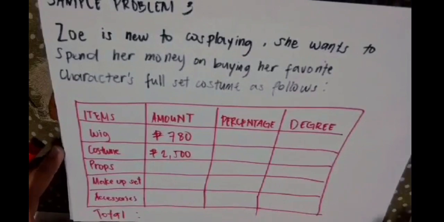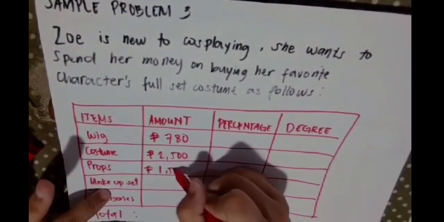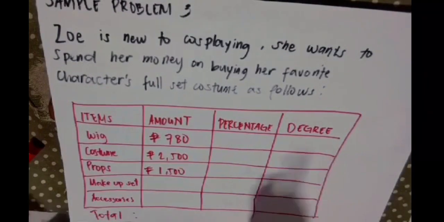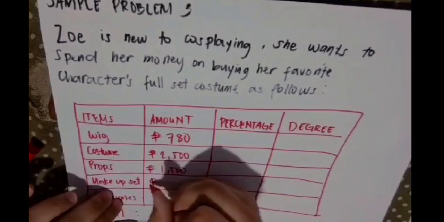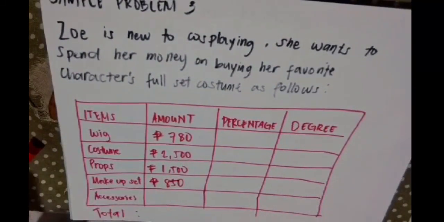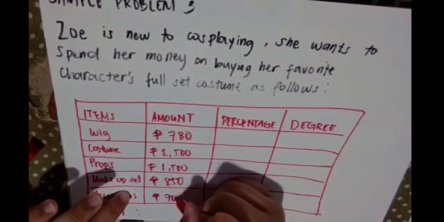For making props, it would cost around 1,500 for the materials and stuff. Next, a branded makeup set would cost around 850 pesos. And for the accessories, for your costumes, for your hair and such, that would cost around 700.